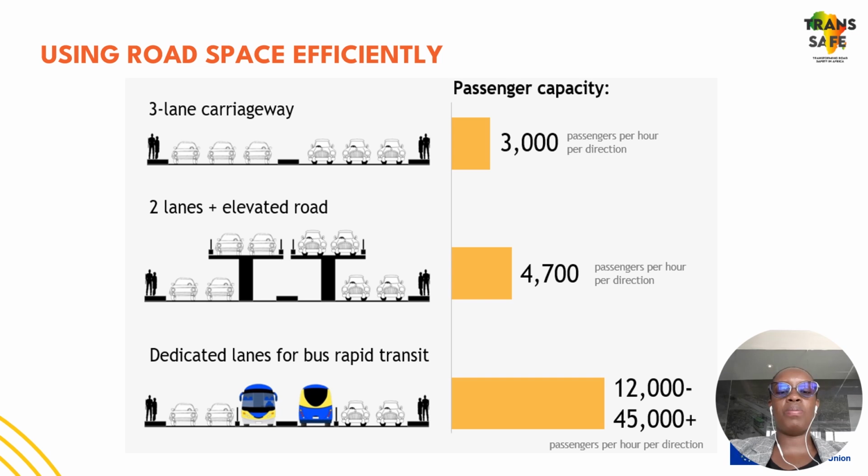But if the improvement that was made on the 3-lane carriageway was the provision of dedicated lanes for bus transit, then with a high quality BRT system, we can end up moving about 12,000 to even 45,000 passengers per hour per direction, depending on whether the quality of the BRT system implemented is high capacity or high quality or not.